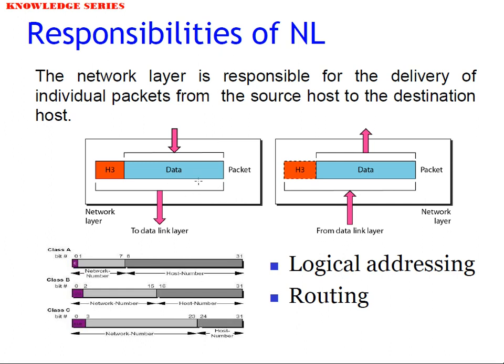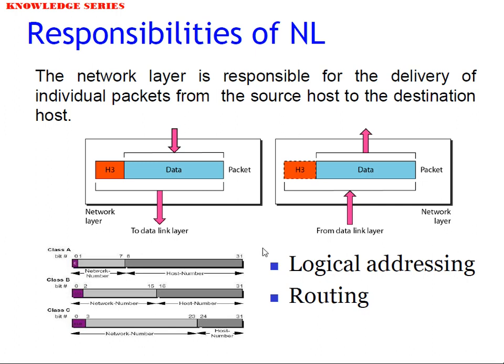So that is how a logical address is defined. In this network layer, every packet coming from the upper layer is routed in such a way that it reaches the destination properly. The data is received at the network layer, and its responsibility is to ensure the data is delivered to the destination properly.